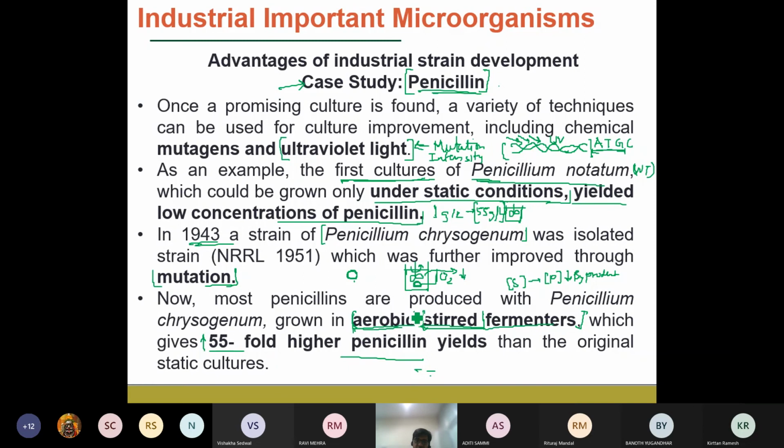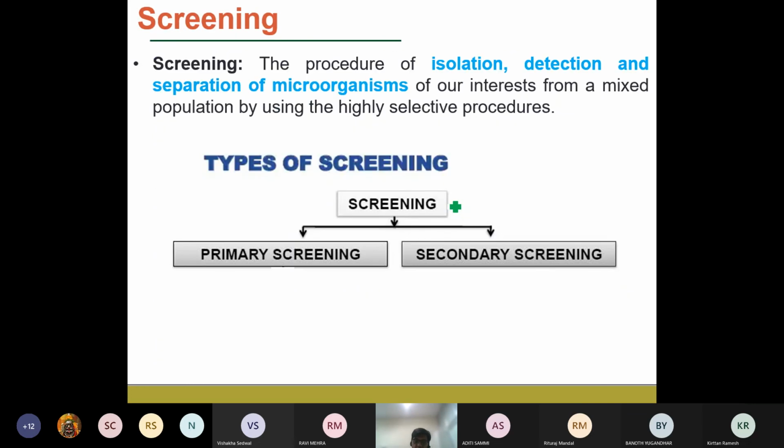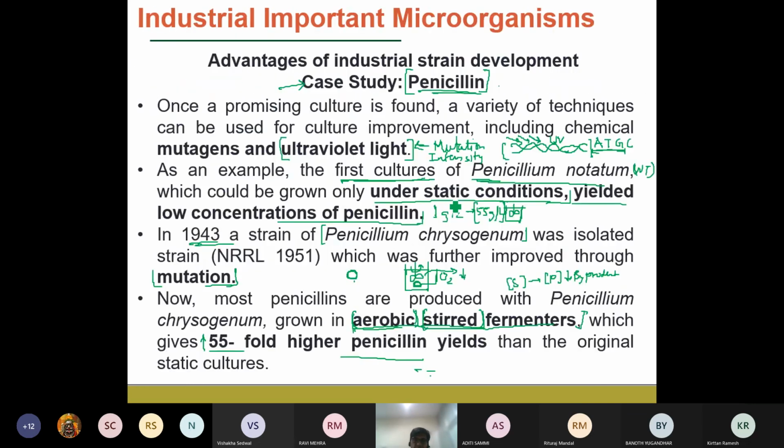Industrial fermenters are mostly aerobic in nature, and they need to be stirred for uniform mixing, heat transfer, mass transfer, and mixing of components and microbes. So you can see how this type of microbial strain improvement can help in the production of your targeted metabolites.